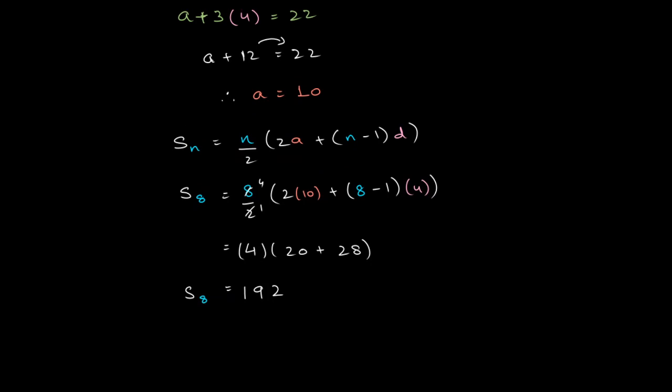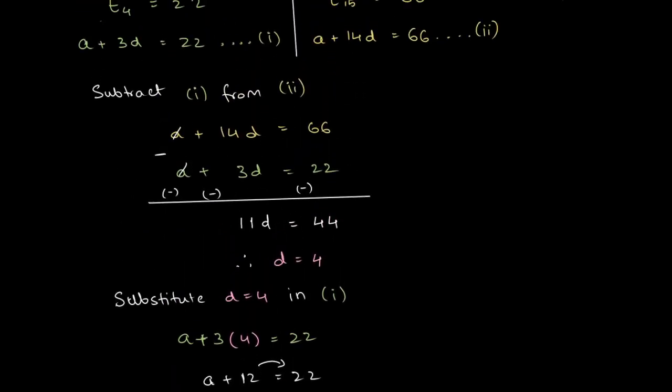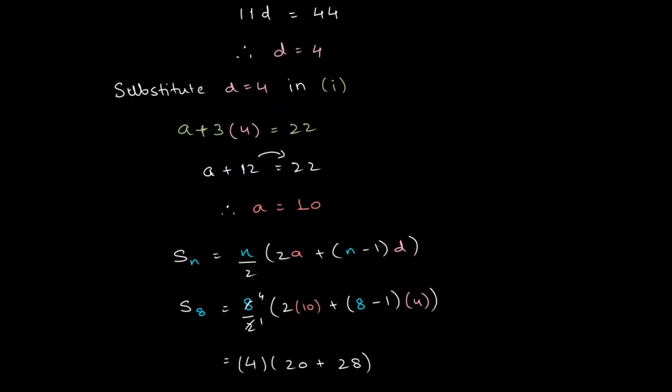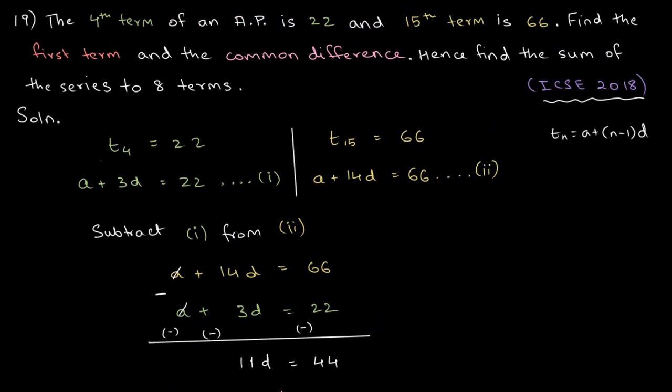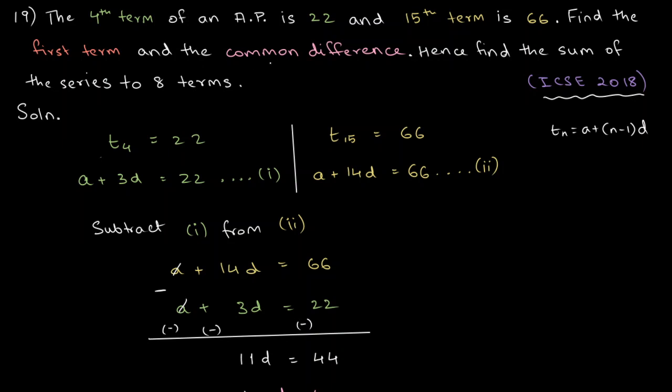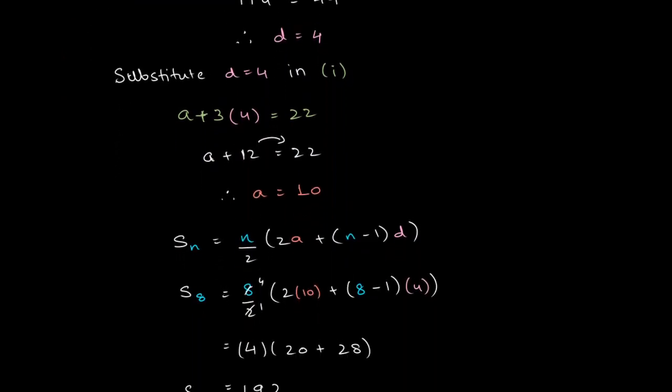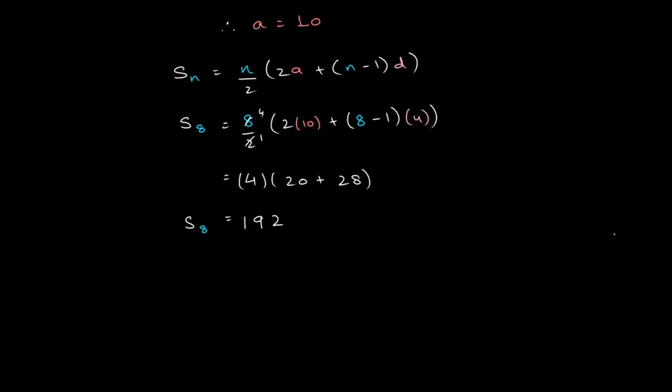So I got all the 3 answers that they had asked me to find. The first term is 10. The common difference D is 4. Right, so the first term we found as 10, the common difference D we found as 4, and the sum of the series up to 8 terms we found to be 192. So let's just write down our final answer, right?